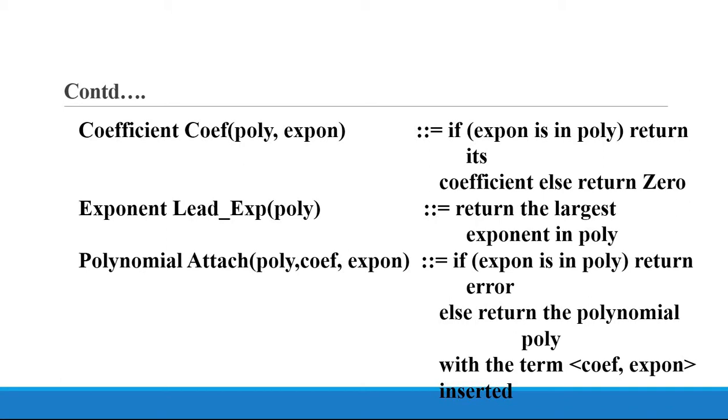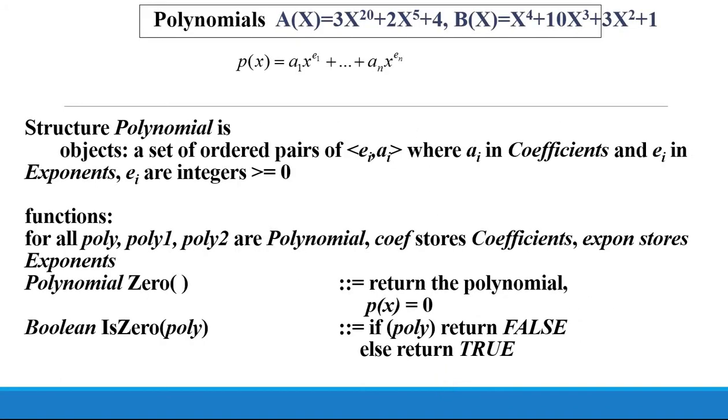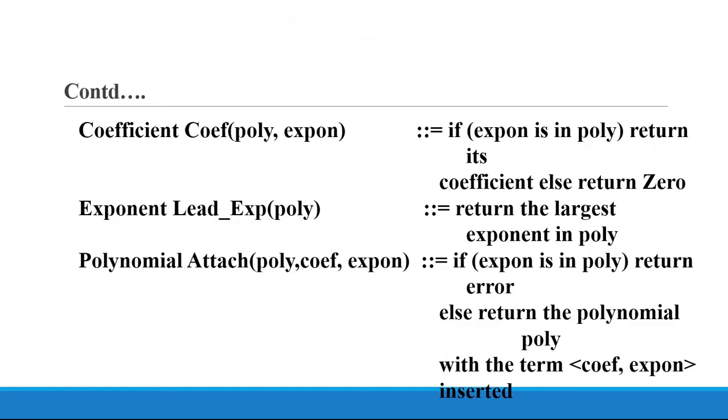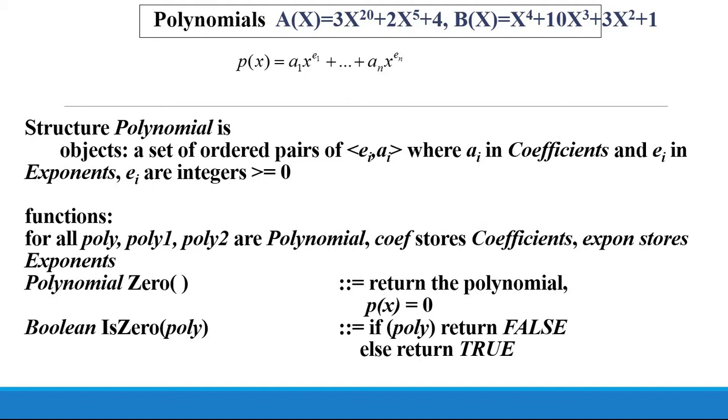The exponent, for which exponent you want to return the coefficient, and the polynomial. For example, if you consider 3x power 20, 2x power 5 plus 4 we have. If I pass the exponent as 20, this coefficient function should return the coefficient of the term which involves the exponent 20. So the coefficient is 3 here in this example in polynomial a.